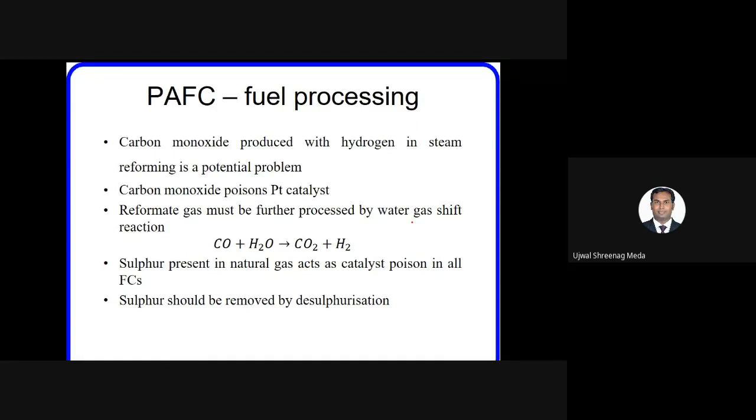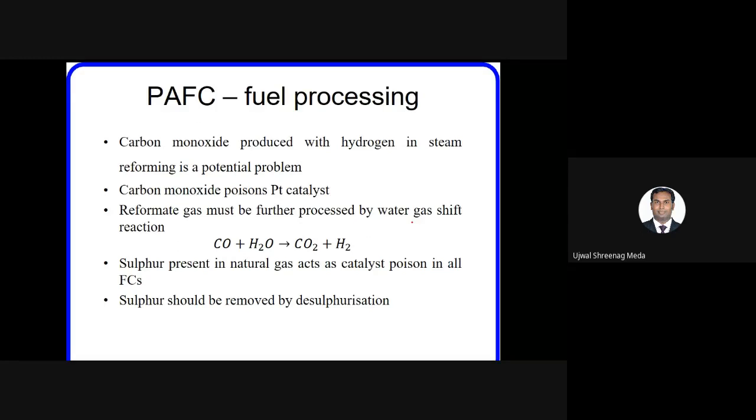However, presence of carbon monoxide is an issue when it comes to phosphoric acid. So why is that? We are using platinum as catalyst, and this carbon monoxide acts as a catalytic poison. So for that reason, we have to handle it carefully. And carbon monoxide poisons platinum catalyst.